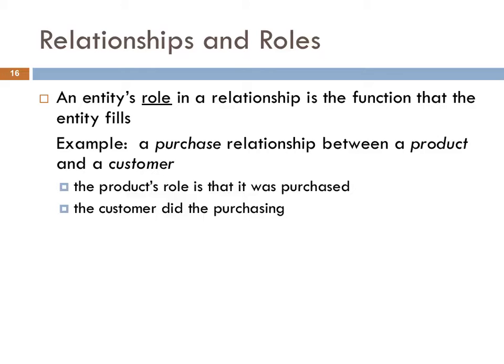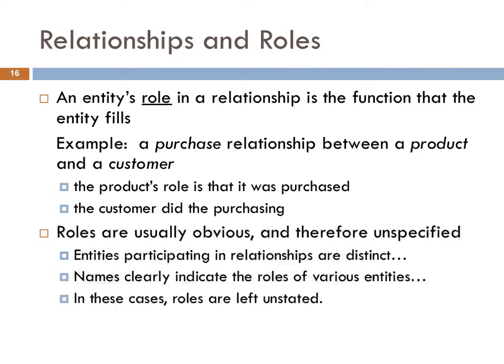Like if you go to software.caltech.edu, it remembers what software you've purchased, to get as a site license or something like that. So the role is obvious, right? The product is the thing that was purchased, the thing that you wanted and decided to get. And then the customer is the one who decided to do that. So that's not a big deal, so you don't really say anything about them.